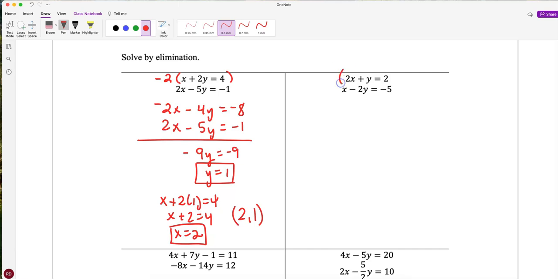Let's just multiply this top equation by 2, and I get 4x plus 2y equals 4. Bottom equation, x minus 2y equals -5. When I add here, the y's will go away. 5x equals -1, so x is -1/5.